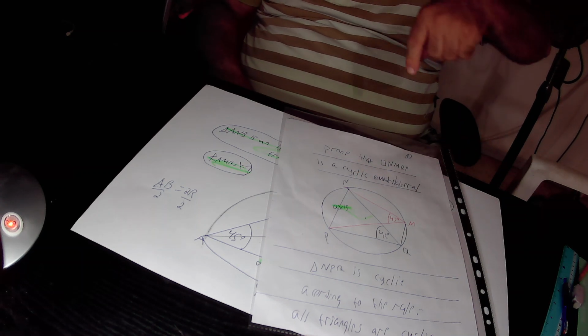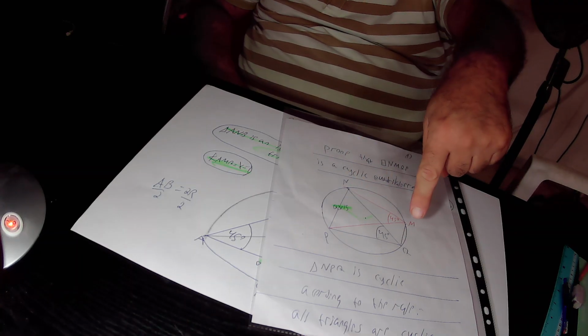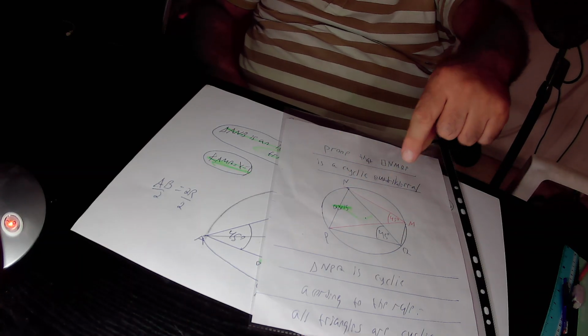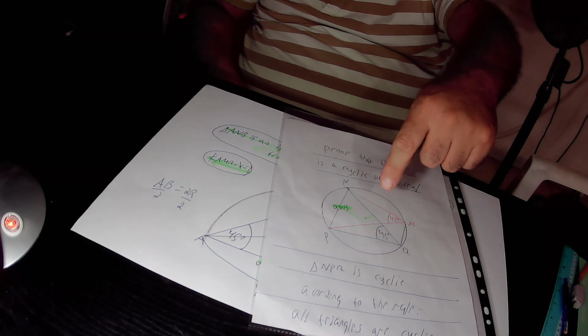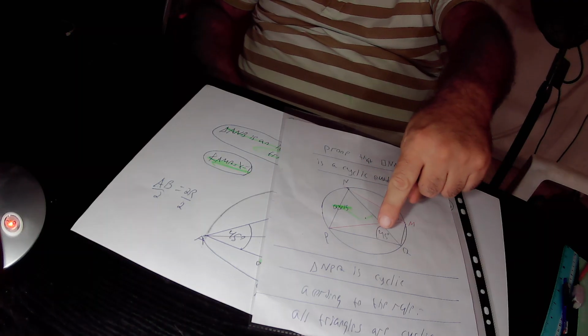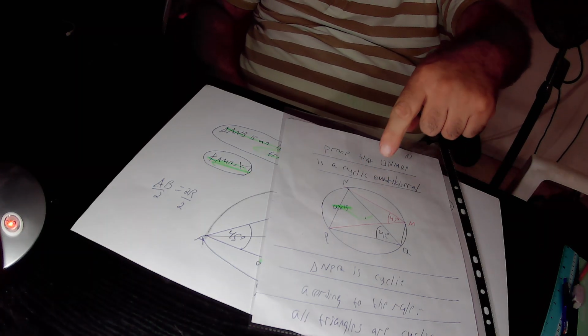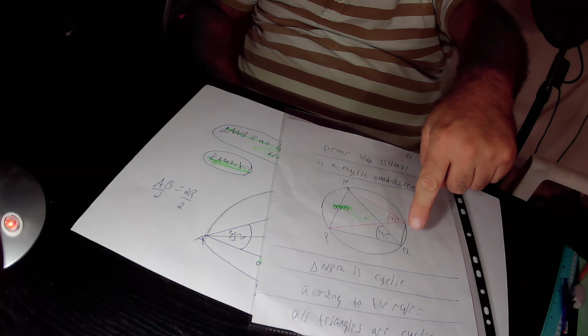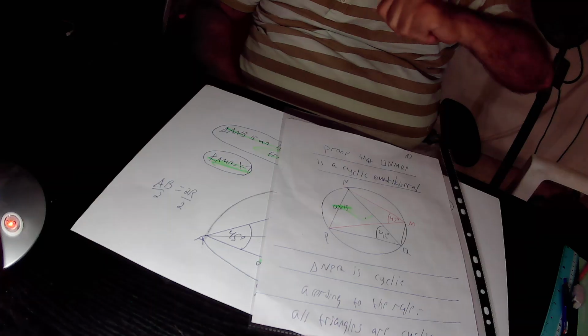Then we rotate angle NQP around this circle without changing the size of this circle, and without changing the size of this angle NQP, which is 45 degrees. So we rotated angle NQP, which equals 45 degrees in size, around this circle.